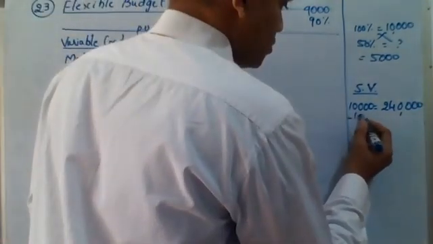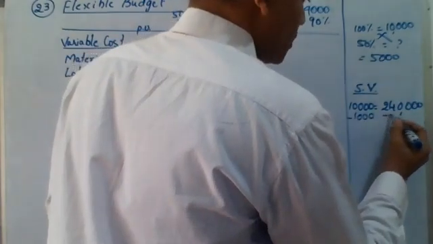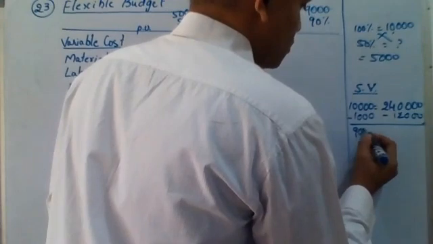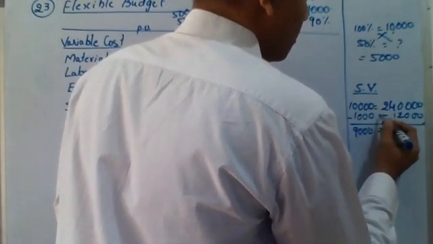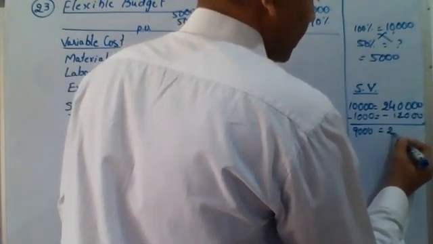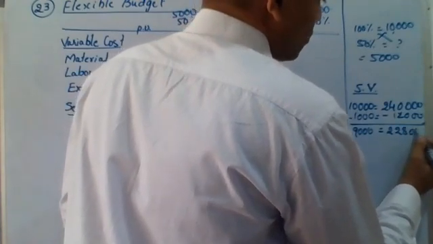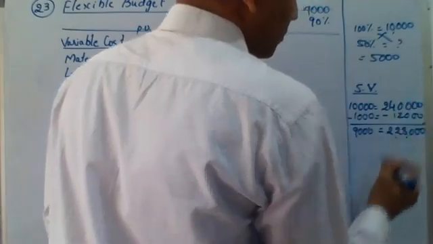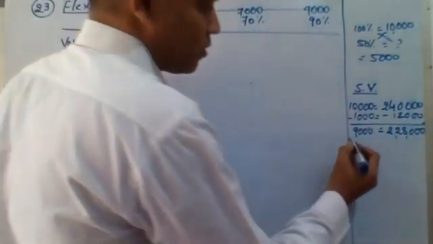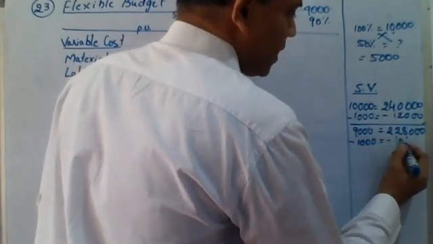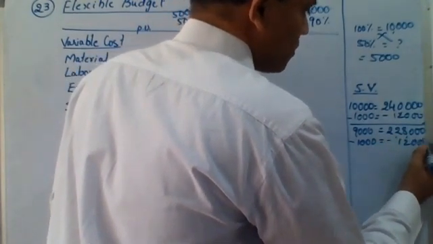So if it is 1,000 units down, this will be 12,000 down. That means for 9,000 units, your cost will be 2,28,000 because it is minus 12,000. For another 1,000 units reduced, it will be minus 12,000.